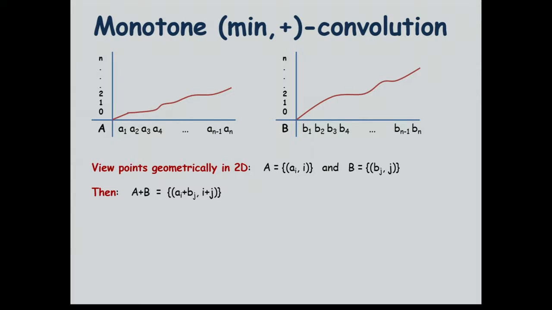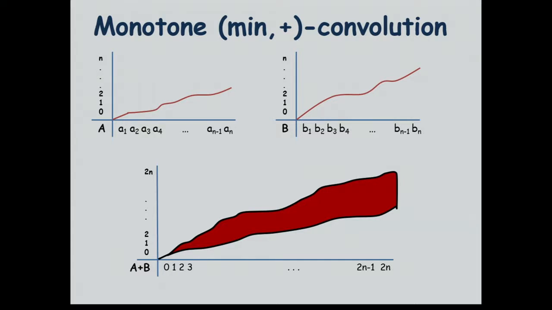I want to look at the sumset of A plus B. When I take a point (i, A_i) and a point (j, B_j), their sum is (i+j, A_i+B_j). This drawing is a little bit wrong, it should go like this and then come back to a point here, so I apologize for that. But we get this amorphous shape, which is the sum of any value there plus a value here.